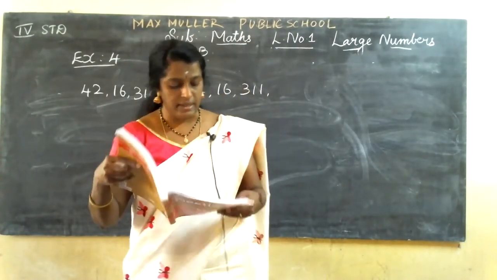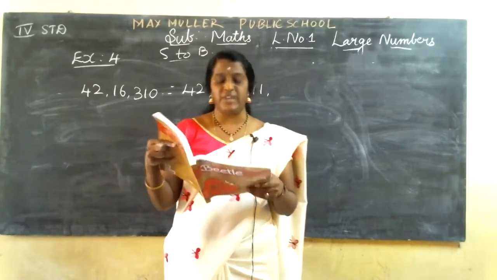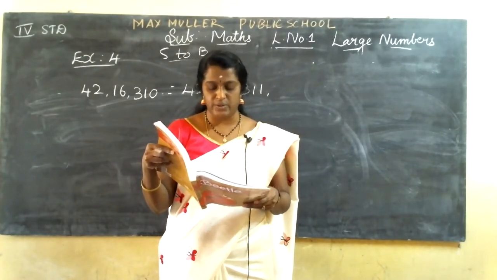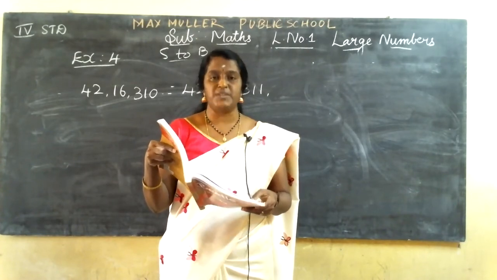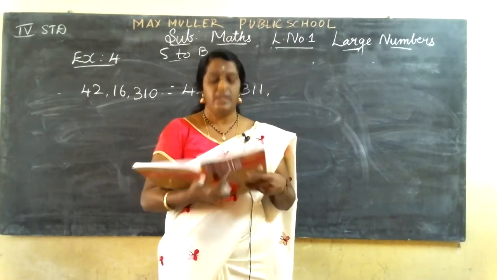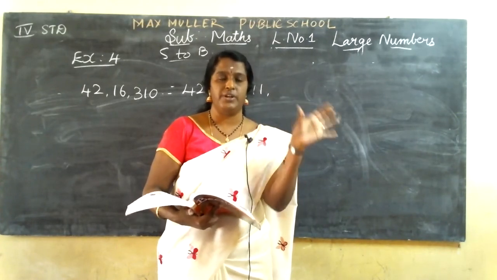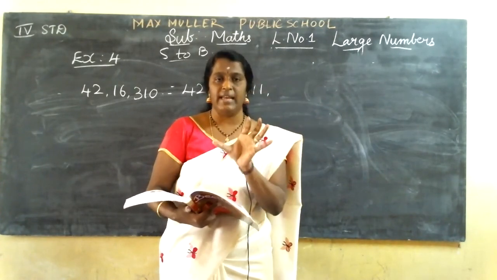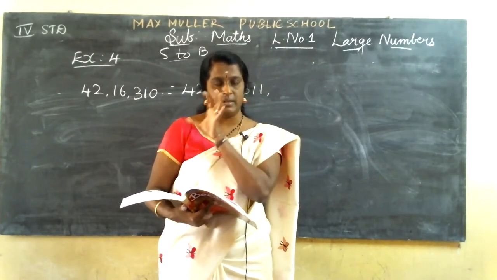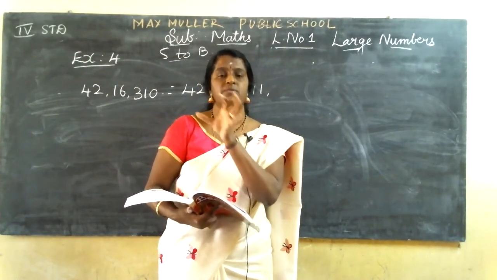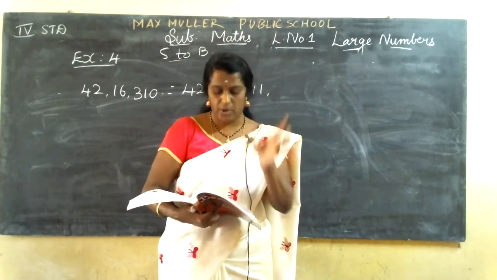See, I'll read this. Expanded form and standard form. Writing a number as the sum of the place values of its digits is called the expanded form of the number. If I give 42 lakh 63,000 it means 40 lakh, 2 lakh, 63,000. 84,000 means 80,000, 4,000. You will expand the numbers, no?